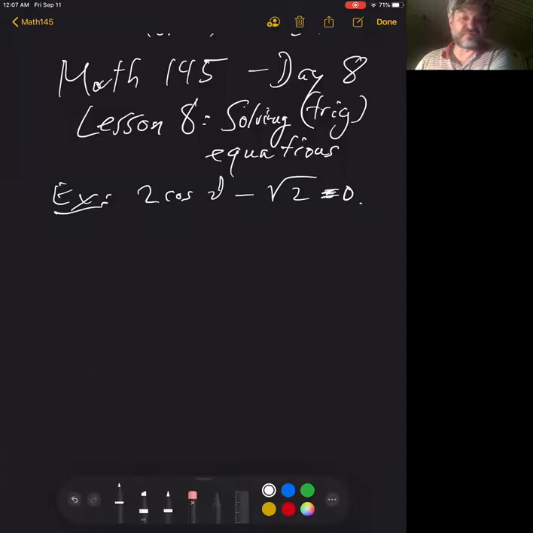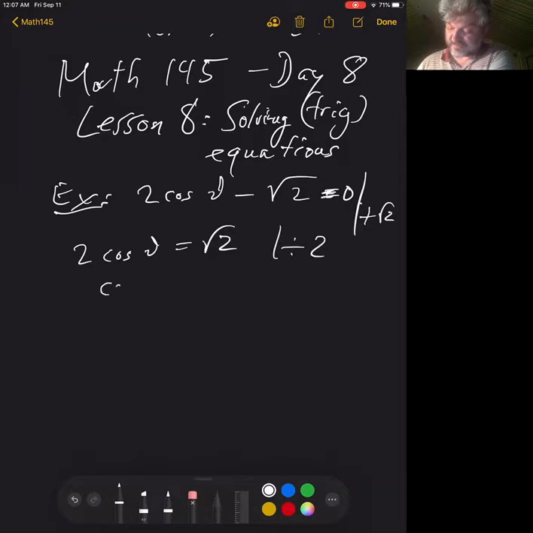We first solve that equation for cosine theta. So add square root of 2 to both sides. 2 cosine theta is square root of 2. Then divide by 2. Cosine theta is square root of 2 over 2.